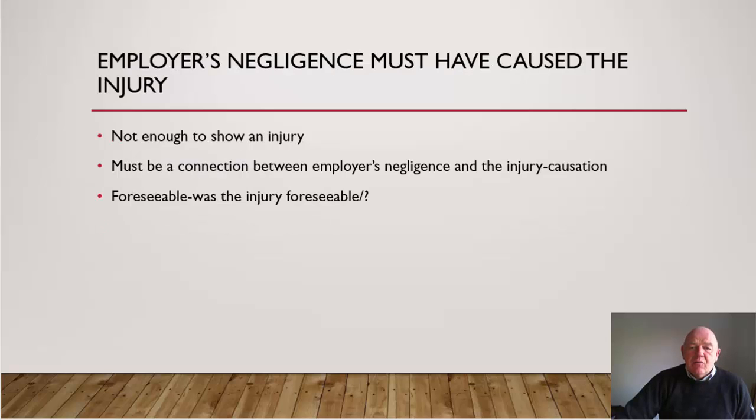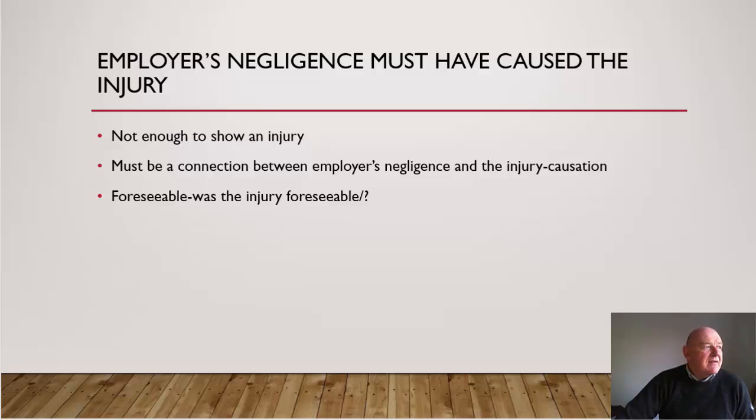The employer's negligence must have caused the injury, so in order for you as an employee to succeed with a claim, it is not enough just to show that you've suffered an injury. You must show causation, you must show a connection between the employer's conduct, the employer's negligence, and the injury that you've suffered. There's also a question of foreseeability. Was the injury foreseeable?